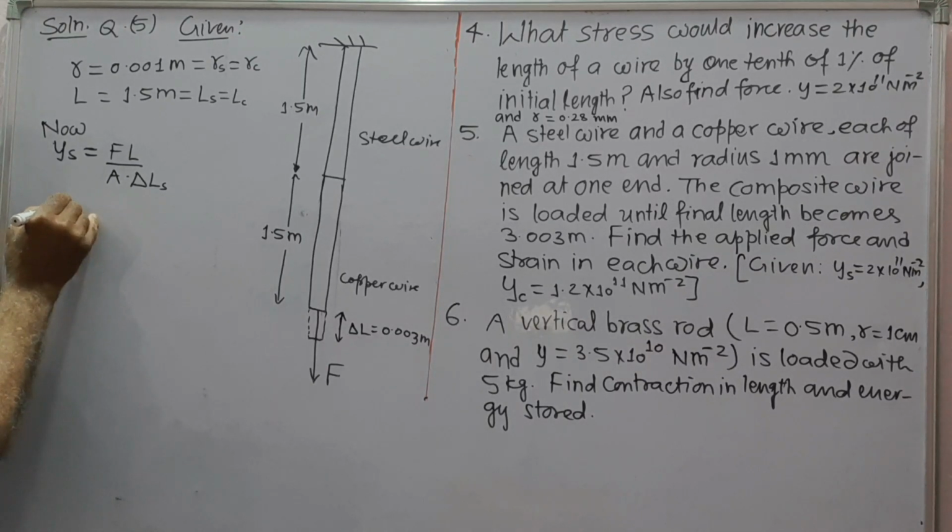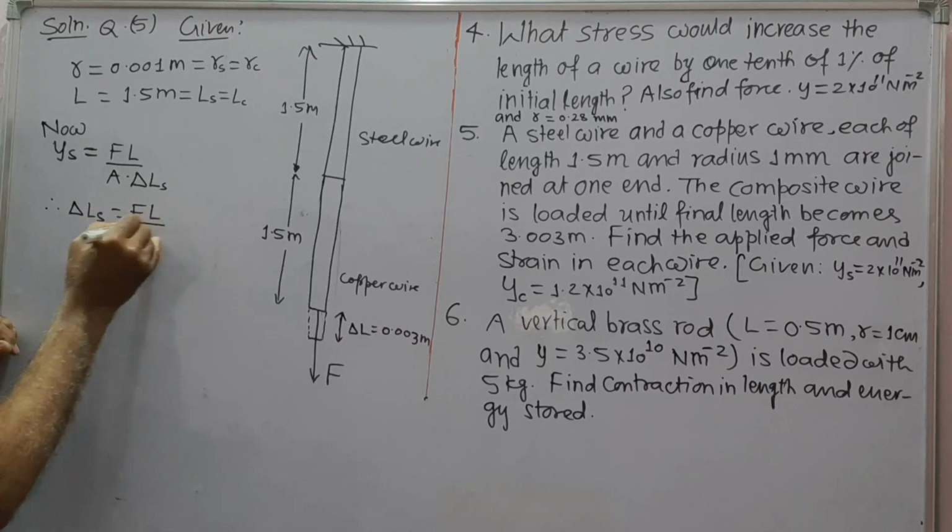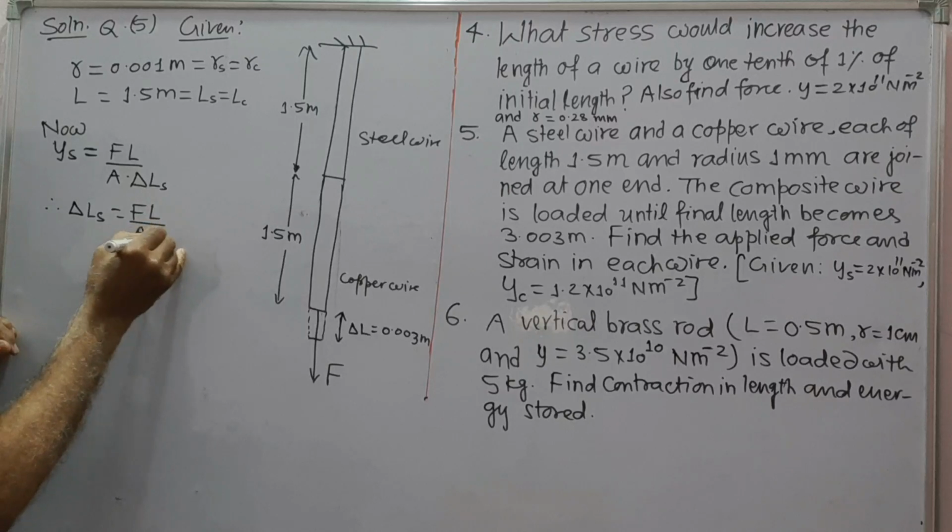Therefore, delta L of steel will be equal to F into L upon A into Y steel.